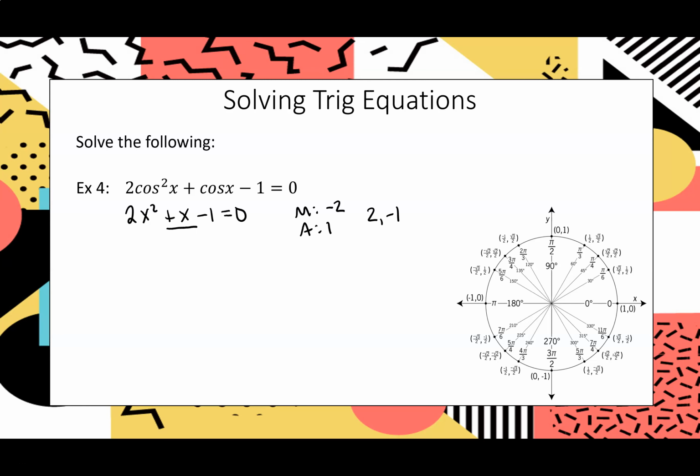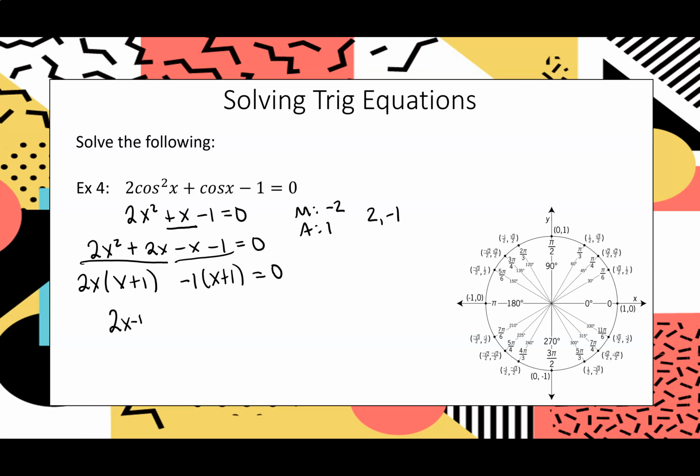So I'm going to split this middle term up, and I'm going to have 2x squared plus 2x minus x minus 1. Okay, next thing I'm going to do is underline, underline. Pull out a 2x. That gives me x plus 1. So I immediately write x plus 1 here. And I know a negative 1 goes out in front. So this simplifies to be 2x minus 1 and an x plus 1.